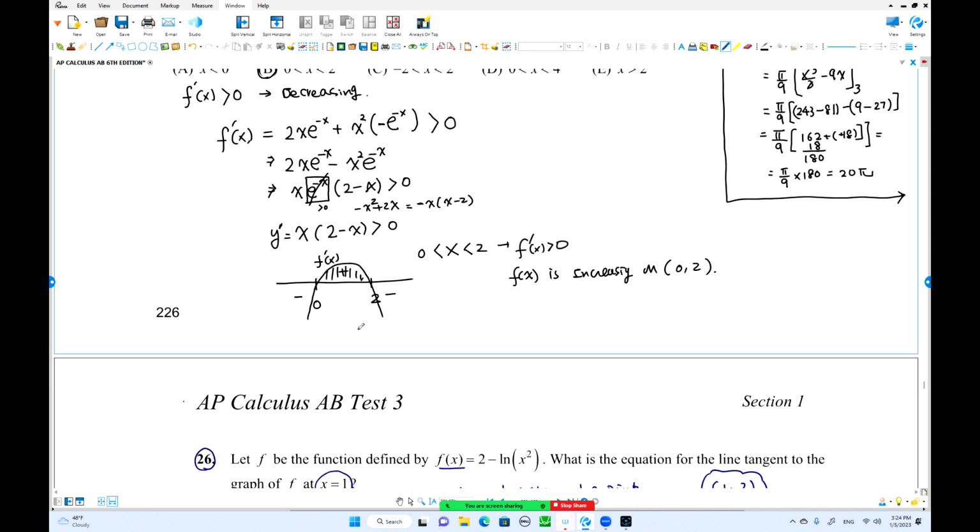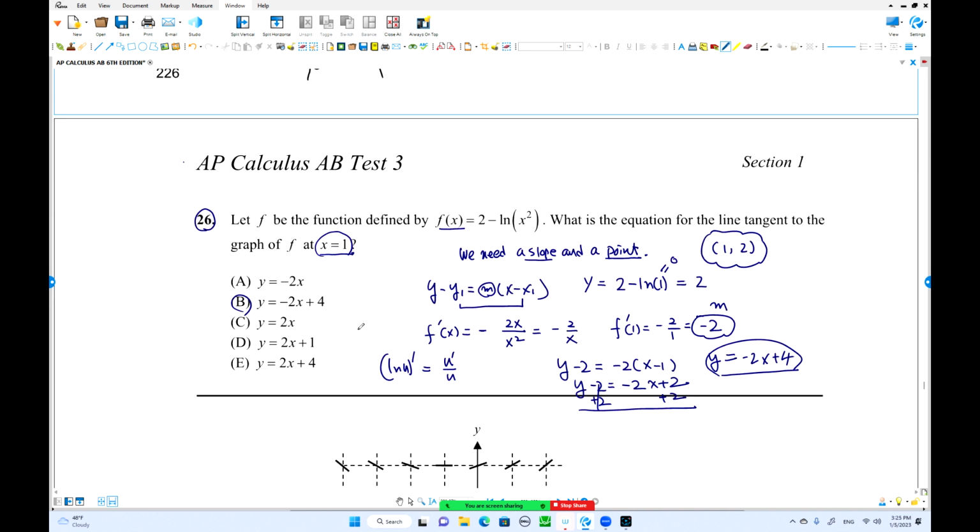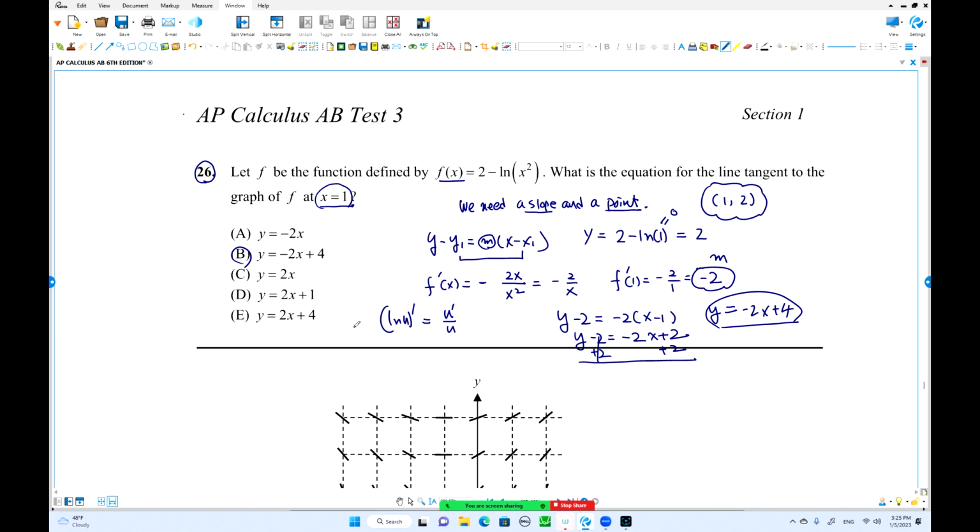Okay, the next is number 26. We did this one last time already, but we try this one more time. Let me delete this one. Just a moment.